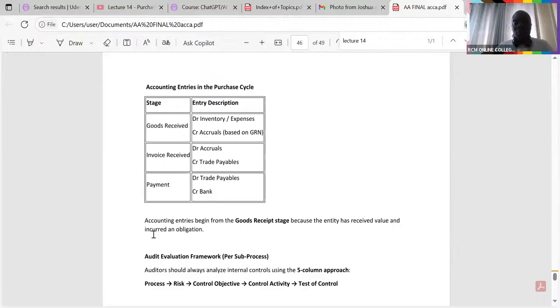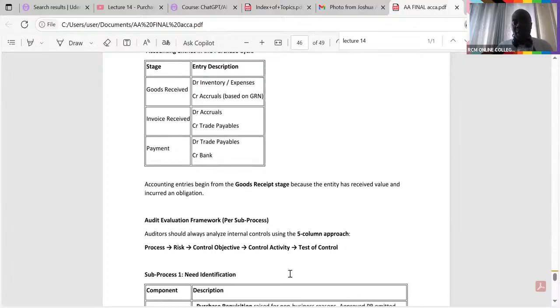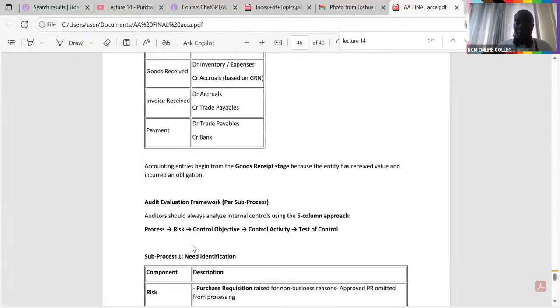So audit evaluation framework, it is per sub process. Auditors should always analyze internal controls using the 5-column approach. What is the process? For example, are we at need identification?